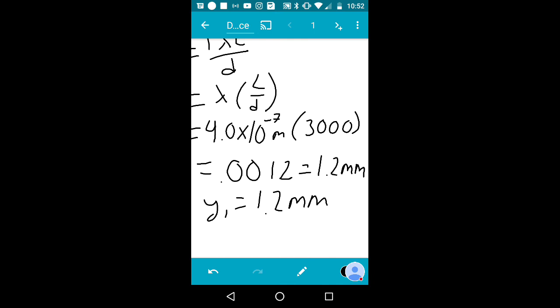So anytime you're working on a problem and it gives you information about the spacing, that's going to be the same thing as y1, because y1 is your first bright fringe, so whatever height y1 is, that's going to give you the spacing. So that is how to solve question number 11 in the textbook. Up next, we will talk about a single slit experiment, and then we'll talk about thin film interference.